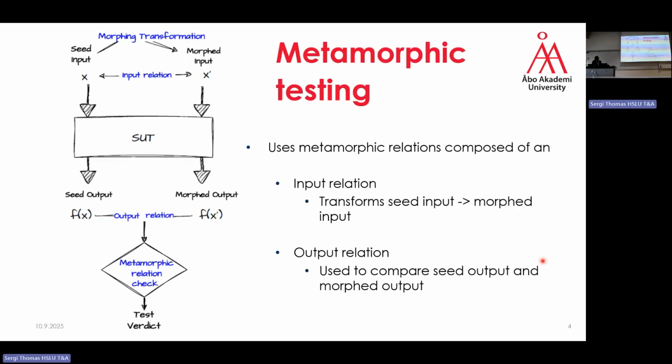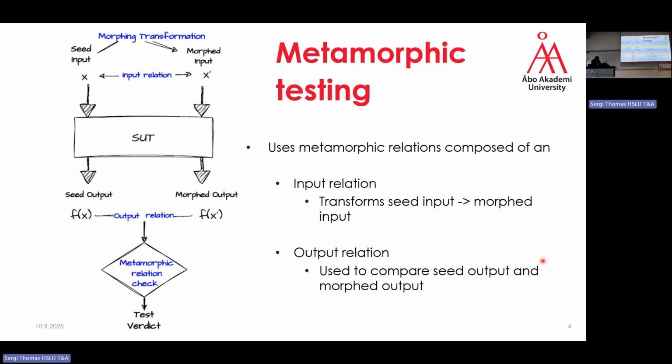In metamorphic testing, the key concept is the use of metamorphic relations. They are composed of input and output relations in which a seed input is transformed to a morphed input using an input relation. So it is a function which transforms the seed input to the morphed input.